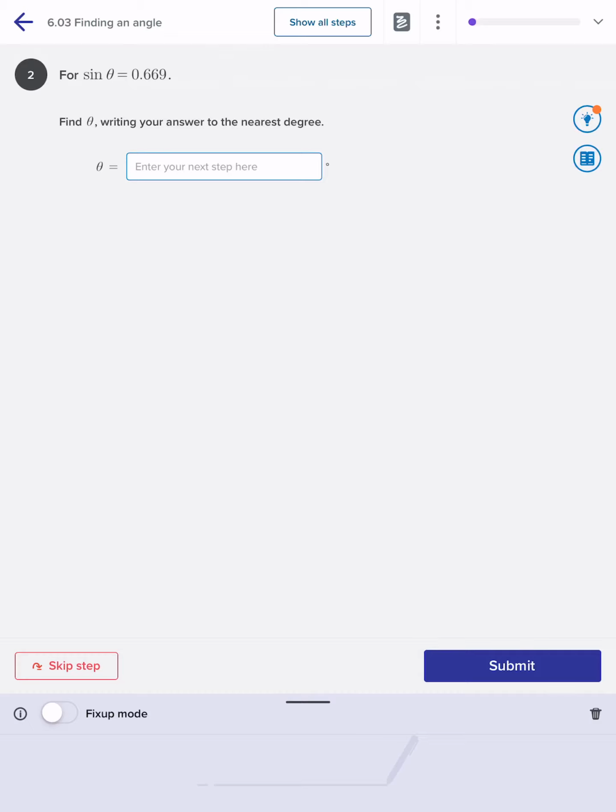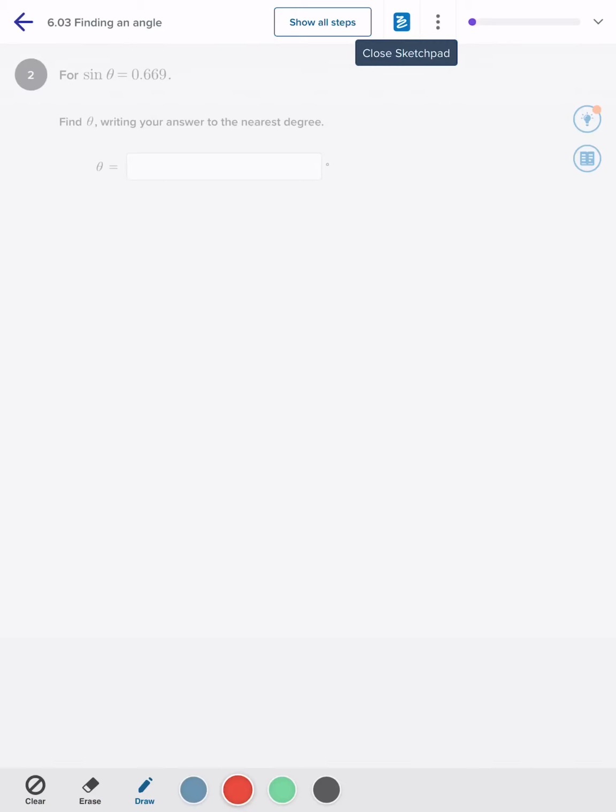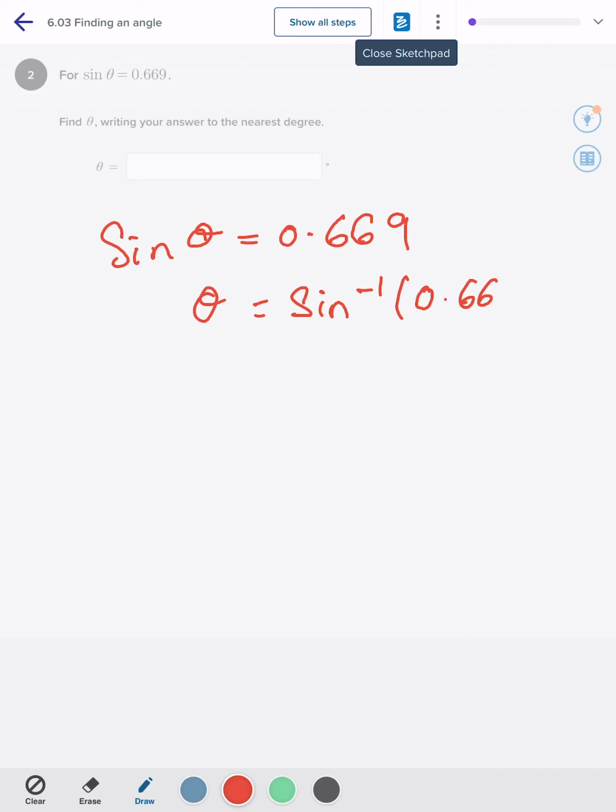So if sine theta equals 0.669, theta would equal, remember we get rid of the sine on the left hand side and we write sine inverse on the right hand side, and we open the bracket and enter the given value, which is 0.669.